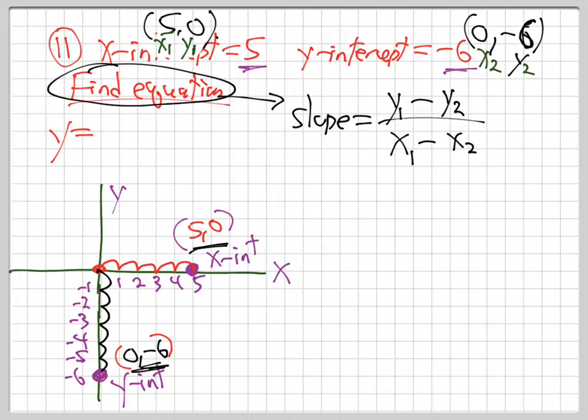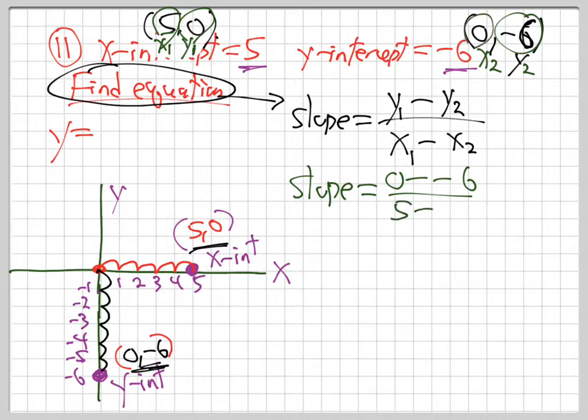I'm going to use the slope formula right here. So x1, y1, x2, y2. Remember, whenever you have two numbers with a comma, the first is x, the second is y. So the slope between those, then, is going to be y1, 0 there, minus y2, -6, over x1, 5, minus x2, 0.